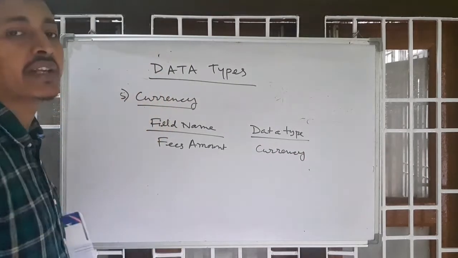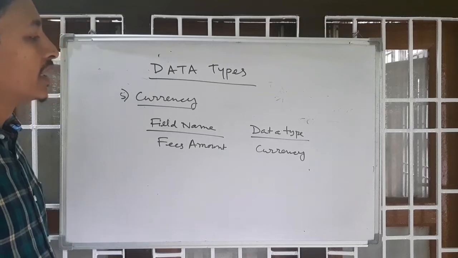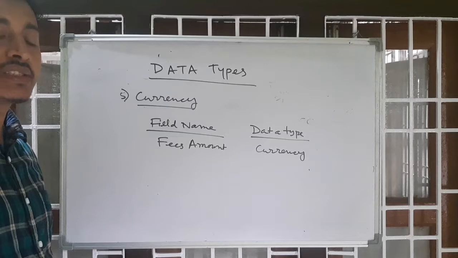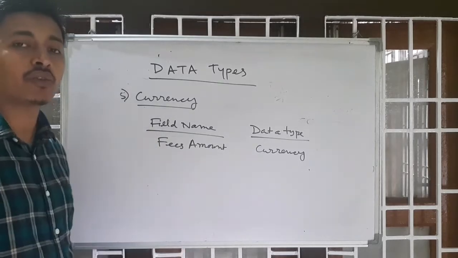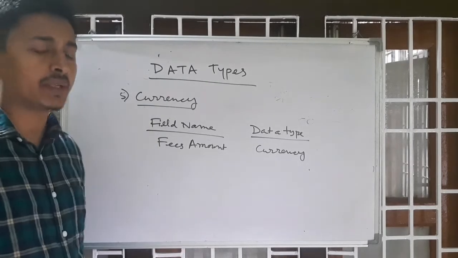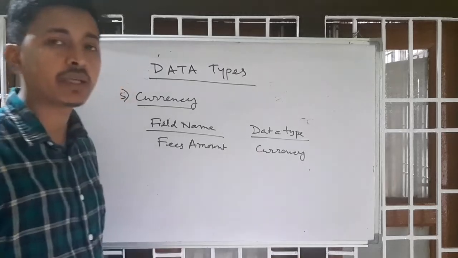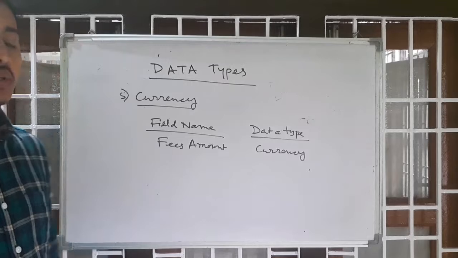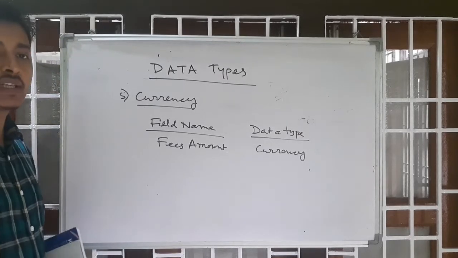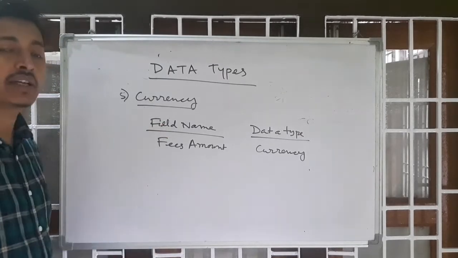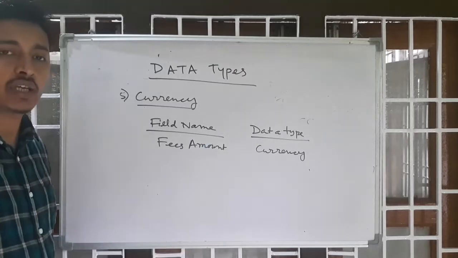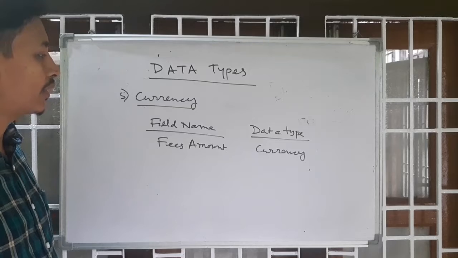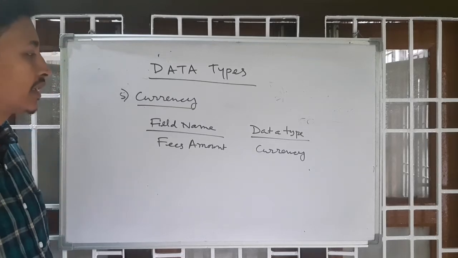It should be currency because number is only for calculation purposes, but currency is for the amount of money or the value of money. It may be dollar, it may be rupees, it may be pounds, it may be anything in the world. Okay, so any currency you can add in the currency field. Okay, so this is very important for any tables.